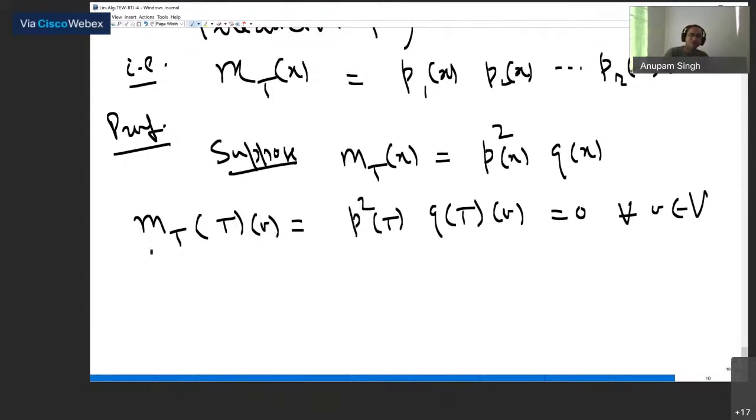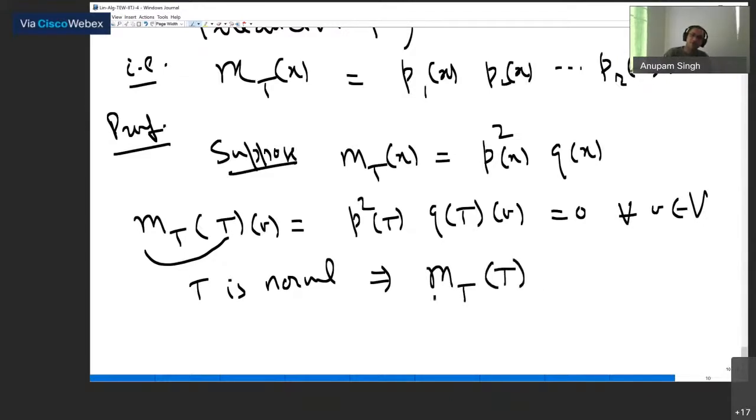Since T is normal, one of the properties we said in the very beginning is that any polynomial in T is also normal. So m_T(T), since m_T(x) is a polynomial and I substitute T, is also a normal operator.